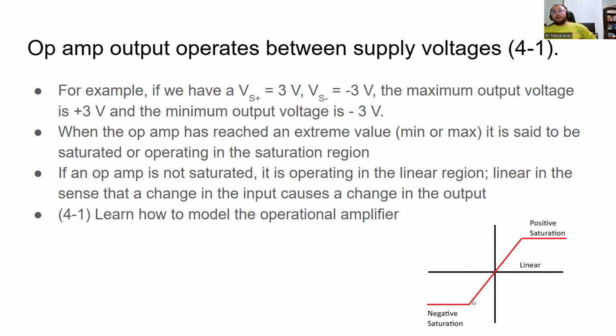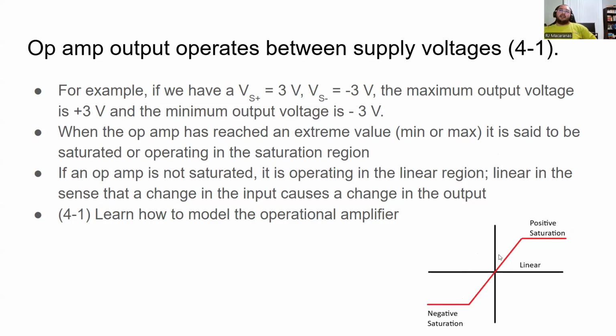So here in this diagram, I've got an example of negative saturation at the bottom left, where you can see the output voltage is just clipped off, right? It stays the same no matter how much it changes on the input. And on the other end of the spectrum, we've got positive saturation where it's just clipping in the positive region.